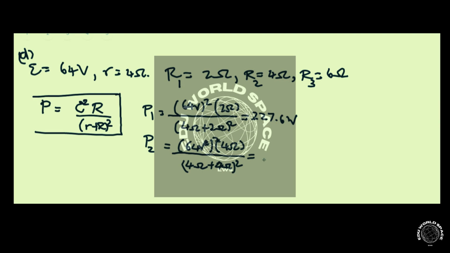That gives a value of 256 watts. And P3 now is 64 volts squared times 6 ohms divided by (4 ohms plus 6 ohms) squared. And I'll leave it to you to punch this in your calculator, but you will find that it will be less than P2.